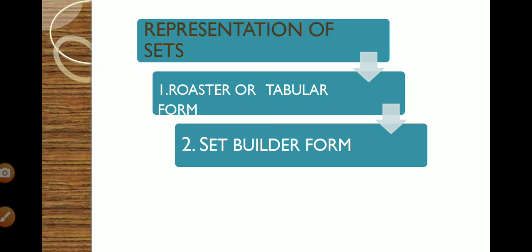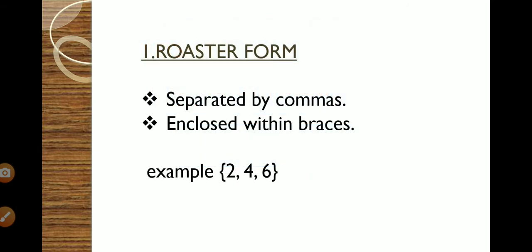Next, the representation of a set is in two forms. One is the roster or tabular form. The next is the set builder form. Let us move on to the roster form.